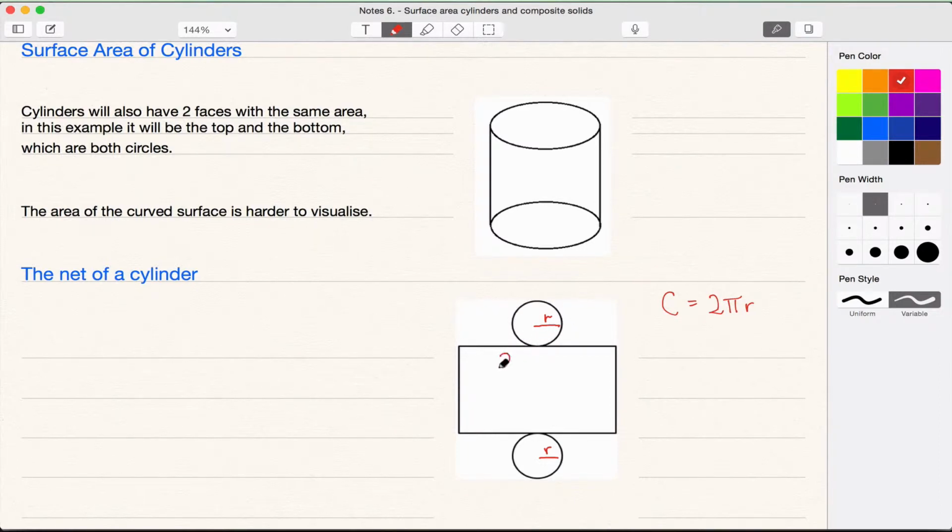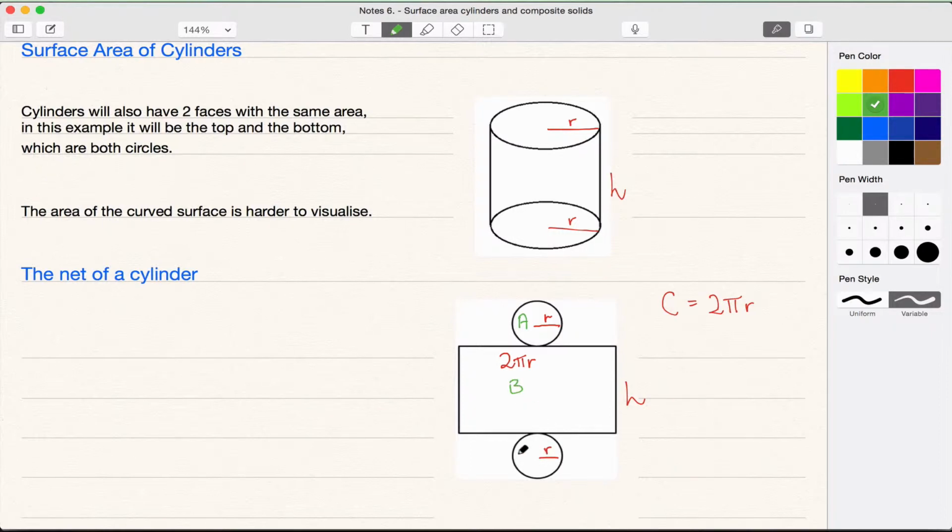So this length is going to be the same as all the way around the outside, so it's going to be 2 pi r. This length is just the height of the cylinder, which is this one here. I'll put the radius on here as well. They'll both be the same radius. This is the height, this is the length of the rectangle.